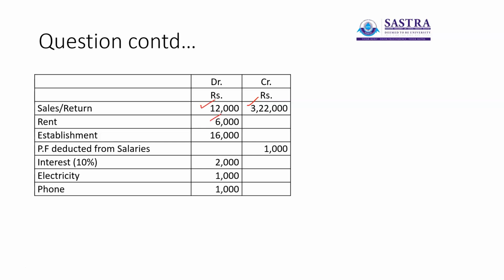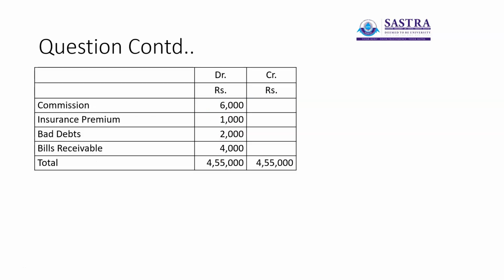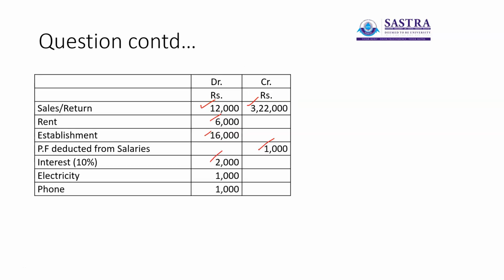Rent, establishment, PF deducted from salaries is given as credit item. And interest at the rate of 10% for borrowings is given as rupees 2,000. Electricity charges, phone, all these are some of the expenses to be shown on the P&L account as usual.